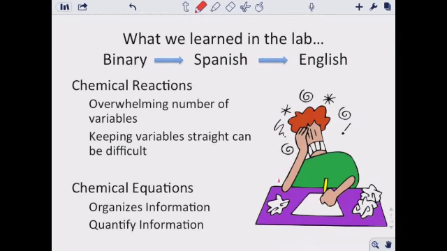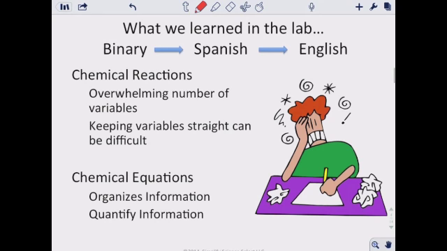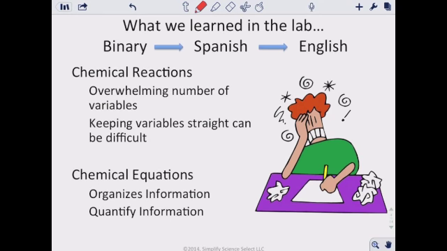Now, what we should have picked up from the lab, thinking about the lab, why all the work? To go from binary to Spanish and then to English. The reason we do this is that when we write chemical equations, we always take steps. Chemical reactions have an overwhelming number of variables. There's a ton of things going into it, and we need to be able to keep them straight.